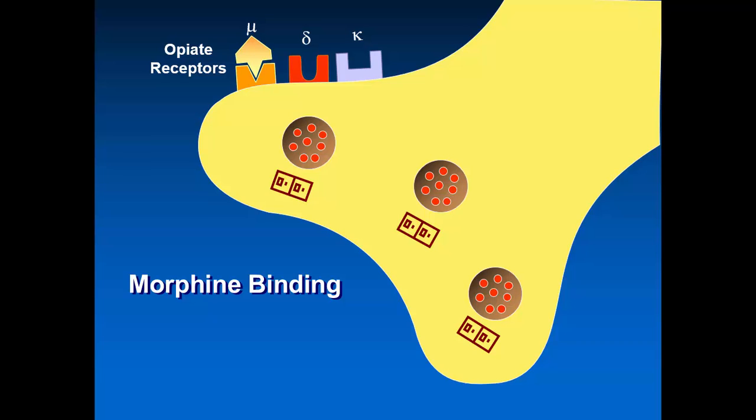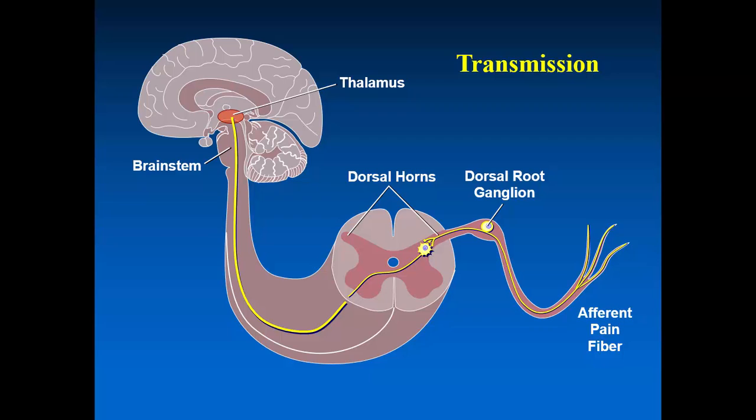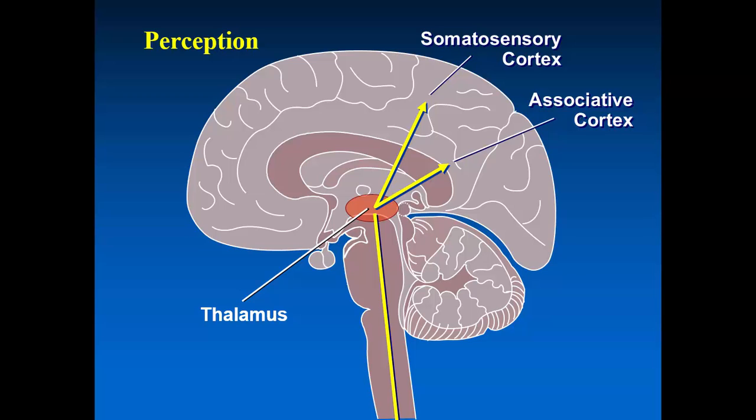So morphine, as was noted before, binds at the opioid receptors, as do other opiates. And the transmission continues to the thalamus, and from the thalamus we move into the phase of perception, where pain goes to the somatosensory cortex.